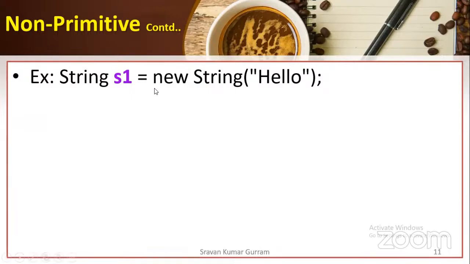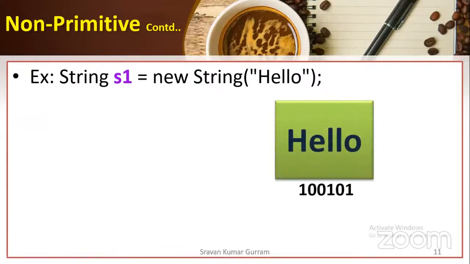As per that syntax, we are writing this statement: String is the class name, S1 the object name, assignment, new is the keyword, and the class name is String. If you write hello within the parentheses, that actually calls the parameterized constructor. But anyway, let me use a simple word. So I'm creating S1, and the value is hello, let us say. Now see what will happen here.